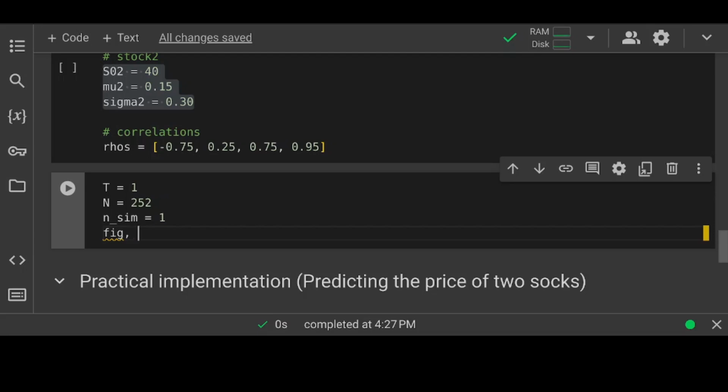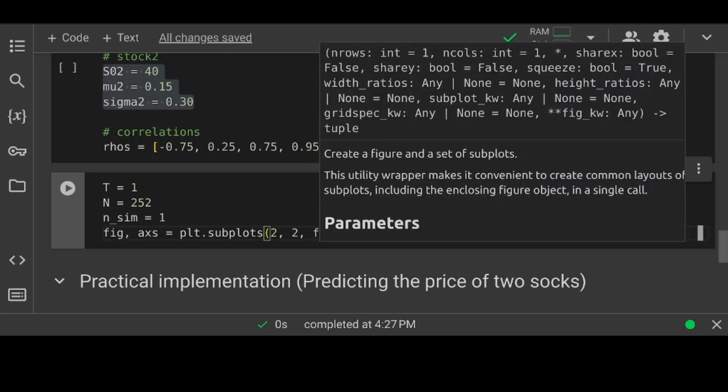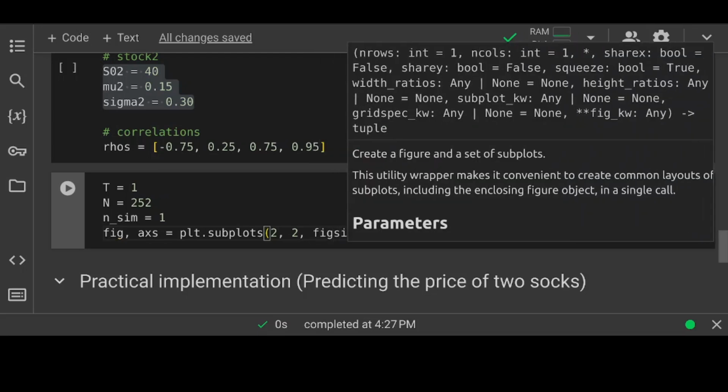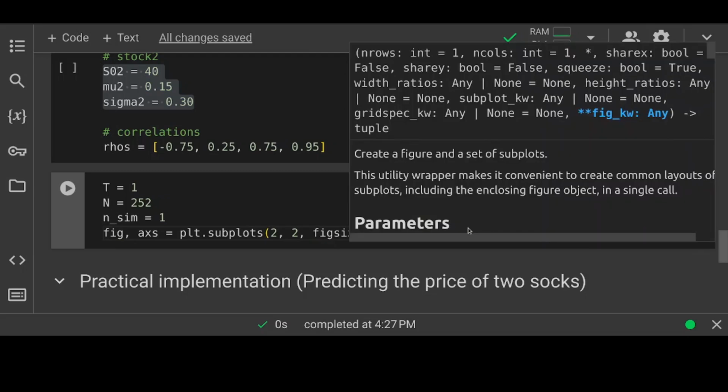So create a figure and axis, plt.subplots of 2 by 2, and let us fix the figure size. Let's say 10 by 8.